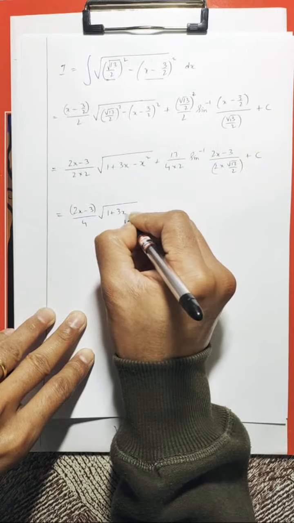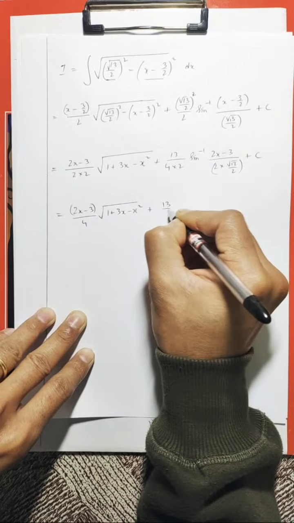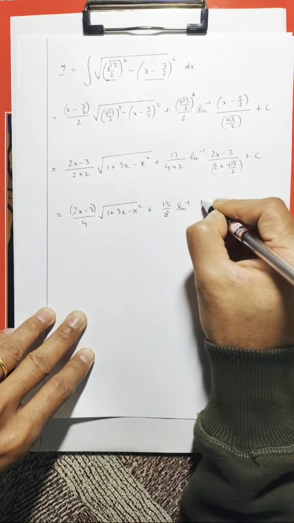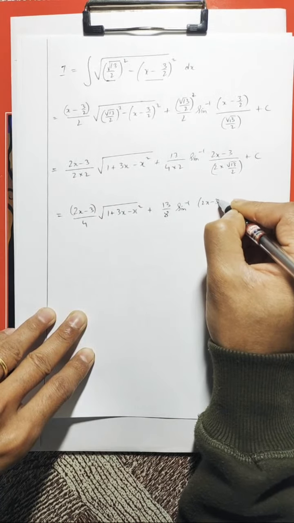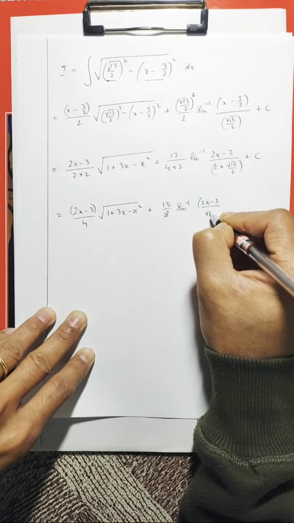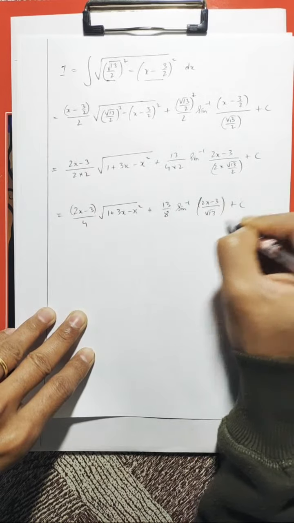Root over of 1 plus 3x minus x square plus 13 by 8 sine inverse of 2x minus 3 by root over of 13 plus c.